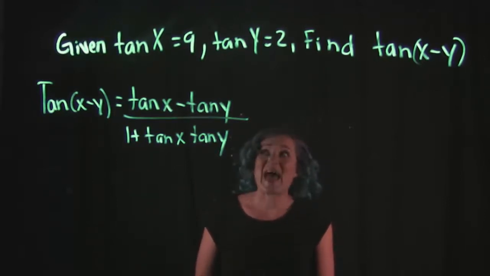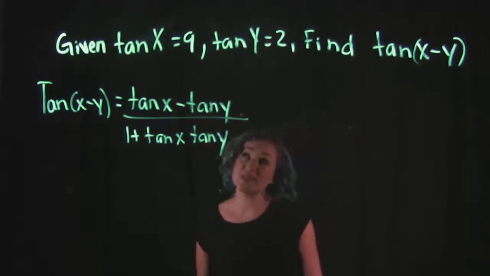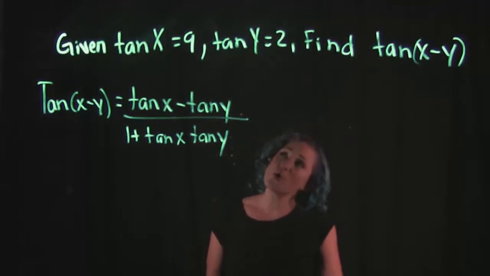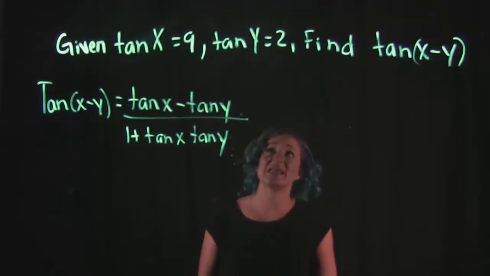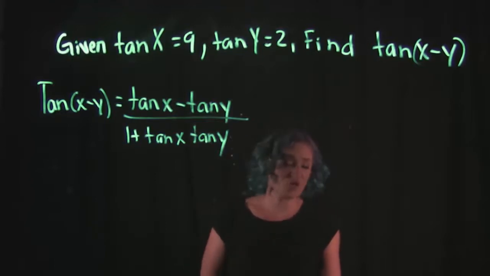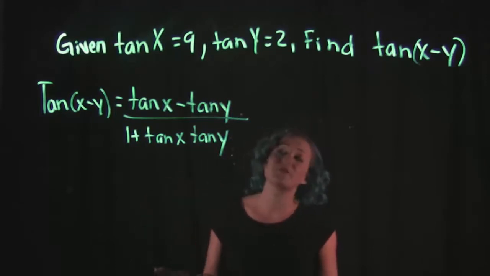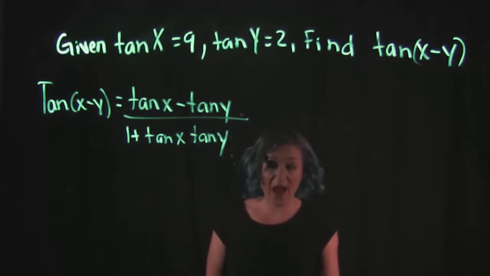Thankfully for this problem, it was given to us a little easy. We are told that tangent of x is equal to 9. We are told that tangent of y is equal to 2. Those are the two things we need to know in order to plug into this formula. So we can go straight to plugging into this formula and simplifying the fraction in order to work it out.